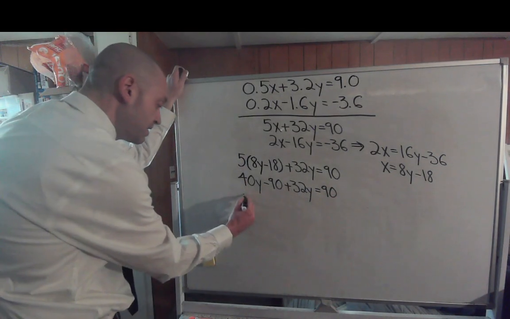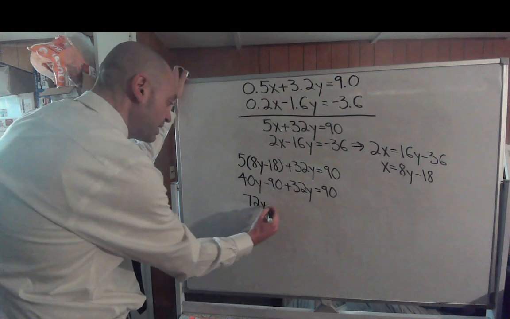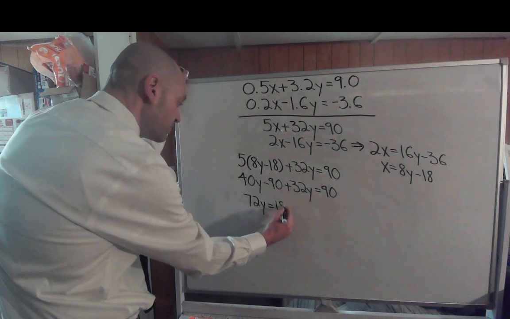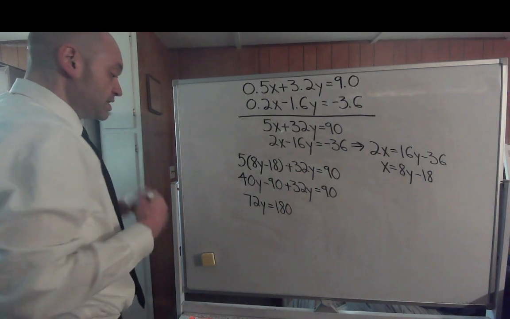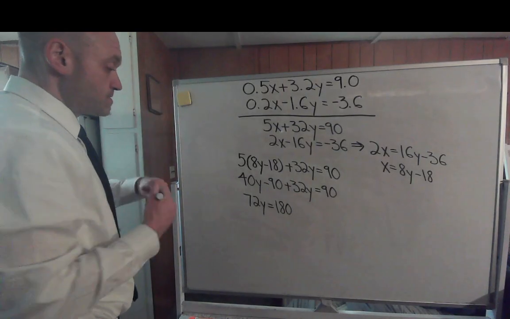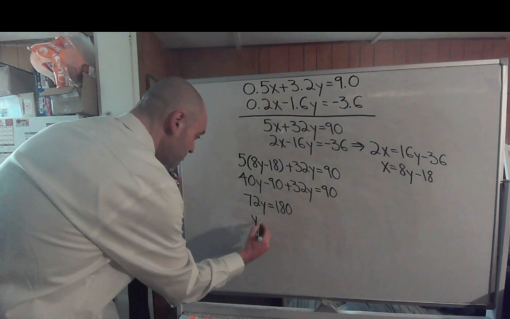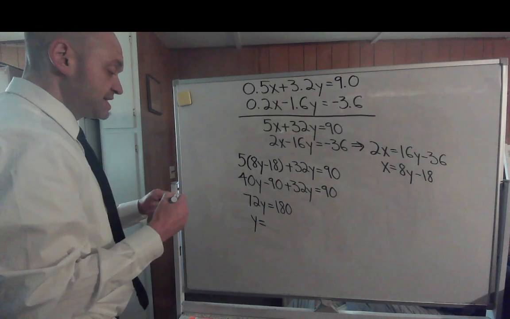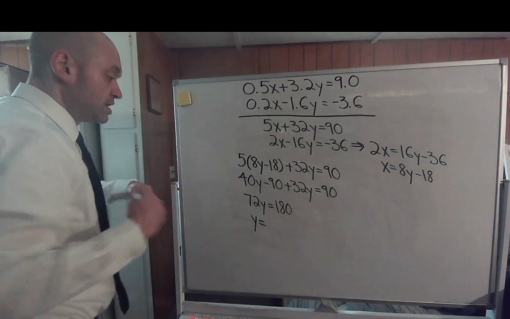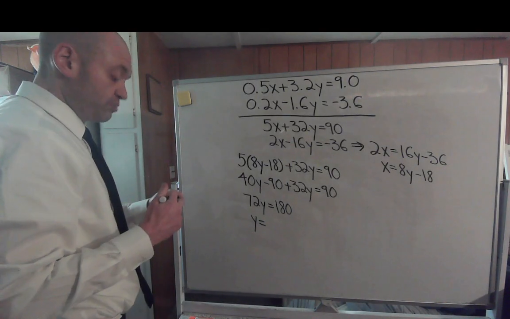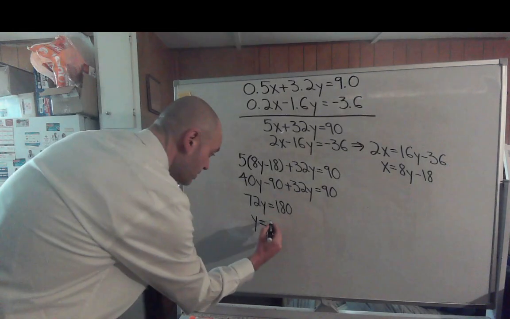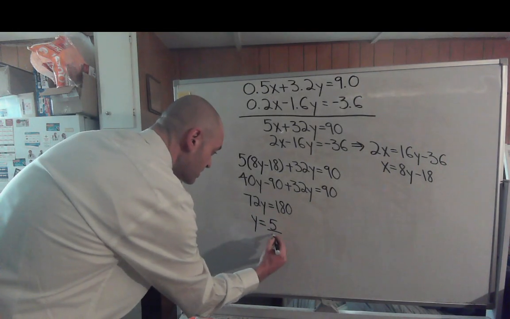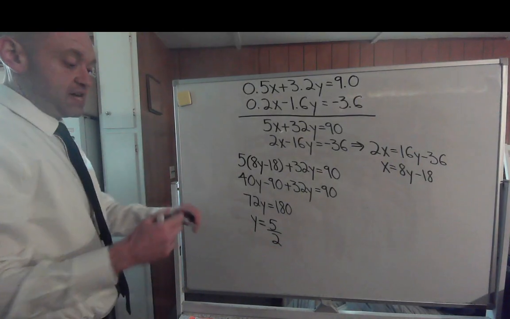So you should end up getting 72y equals 180. So for y, both of these should divide by 18. Actually, they'll both divide by 36. You would end up getting 5 halves. So y would equal 5 halves.